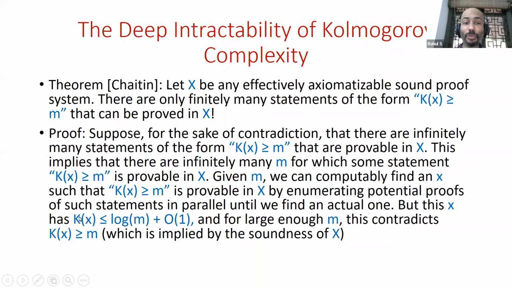But on the other hand, we just proved that K(x) is at most log m plus order 1. For large enough m, there's a contradiction again. So it's a very similar argument. It's just that here, instead of assuming the polynomial complexity is computable, we assume that there are infinitely many m for which such statements are provable in capital X, and you get a similar contradiction.